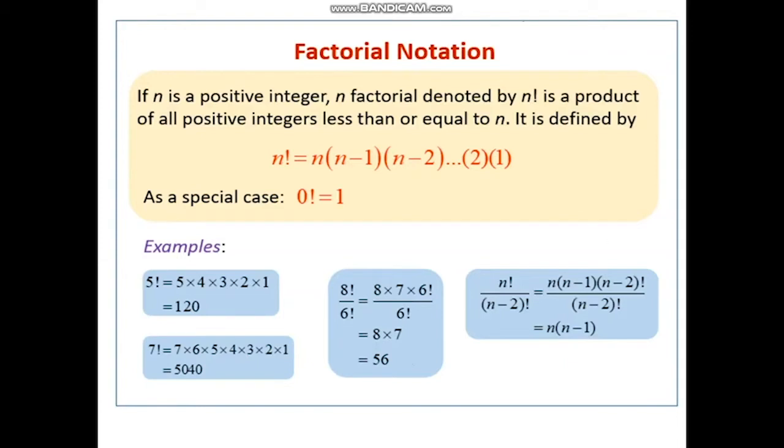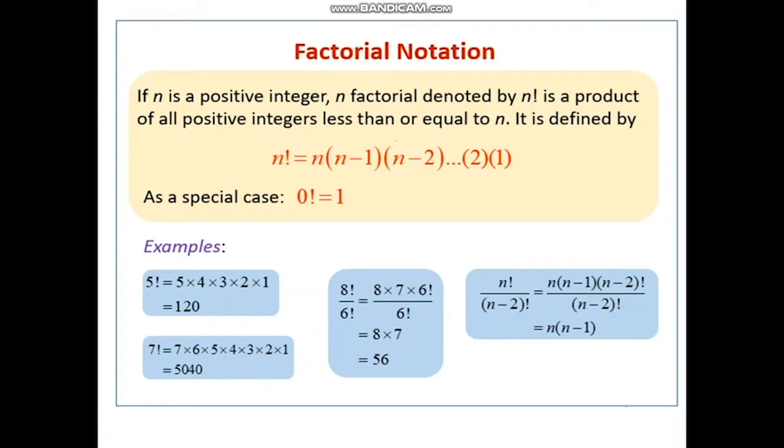So the factorial of 5 is 120. And what is the factorial of 7? It's simple, right? Just do 7 times 6 times 5 times 4 times 3 times 2 times 1. So the factorial of 7 is 5040.